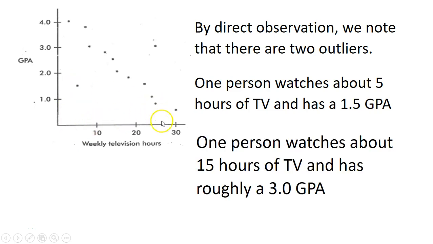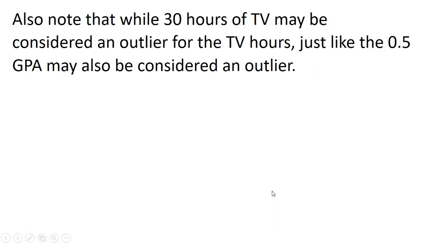One person watches about 15 hours of TV, and gets roughly a 3, which is not too bad. Sorry, it's supposed to be 25, I believe. Around 25 hours, they get a whole way up here around 3. So one person did that, and that's not overly likely either.